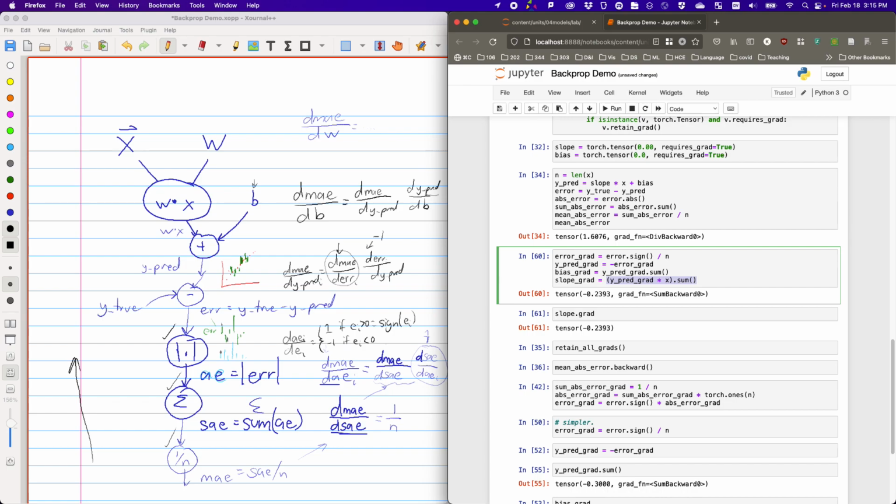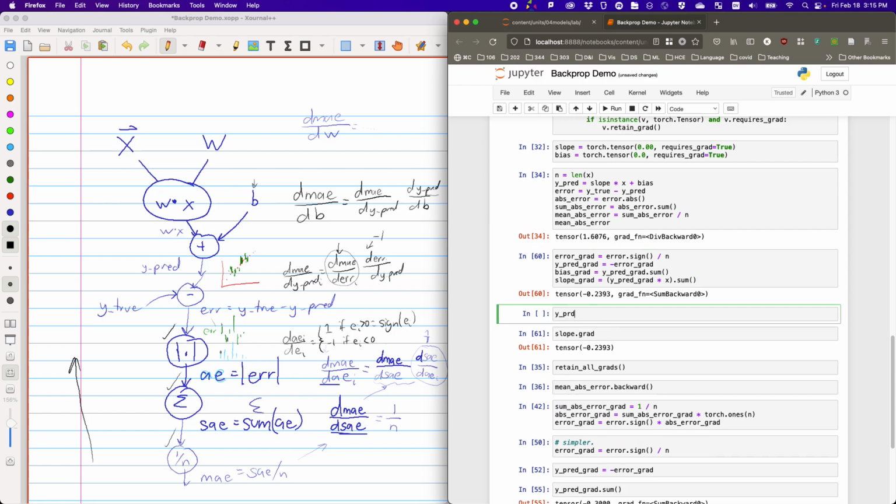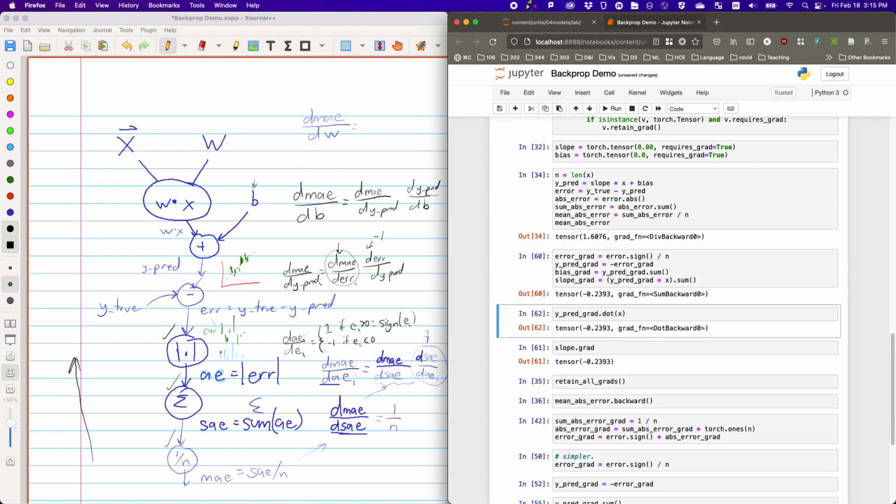Except let me point out one thing. Here is an element-wise product of a bunch of numbers. So each number in ypred grad multiplied by corresponding numbers in x, and then we're going to sum the result. That's just a dot product. That's just ypred grad dot x.